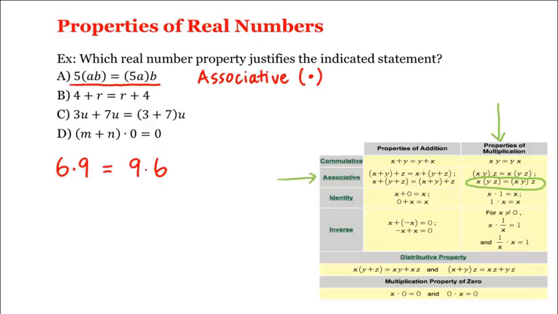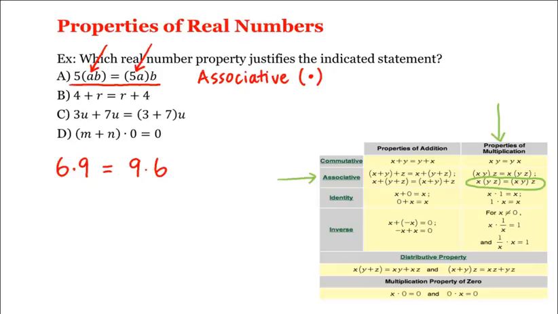Notice we are flipping or reversing the order of the multiplication. Think of a commuter going back and forth to school. Whereas with the associative property of multiplication, we're either associating the A with the B first or the A with the 5 first, and the result is the same.